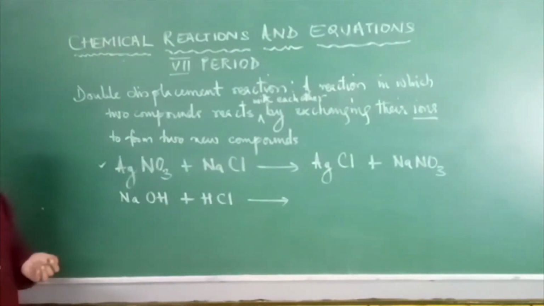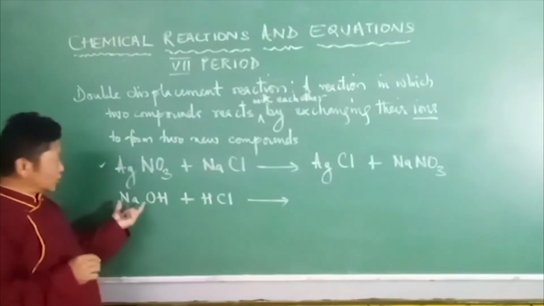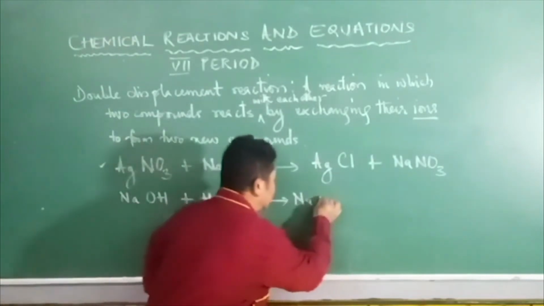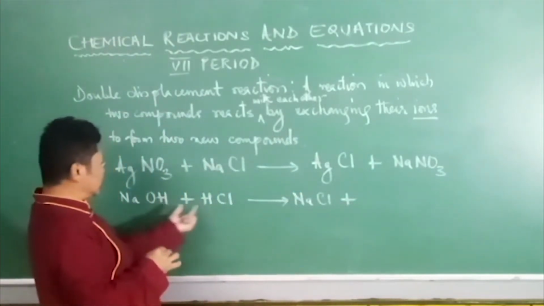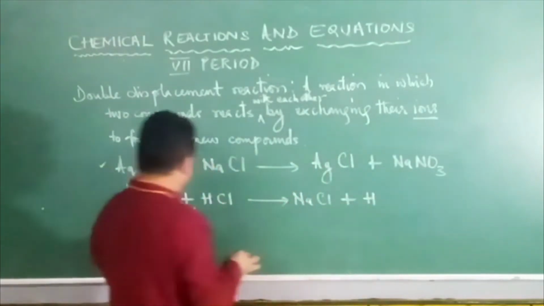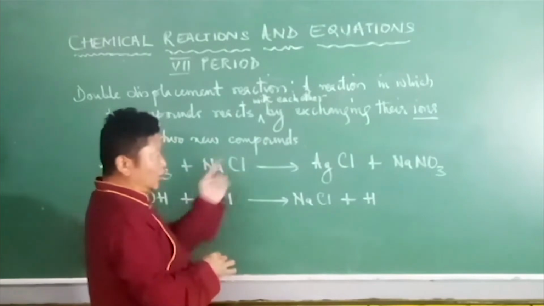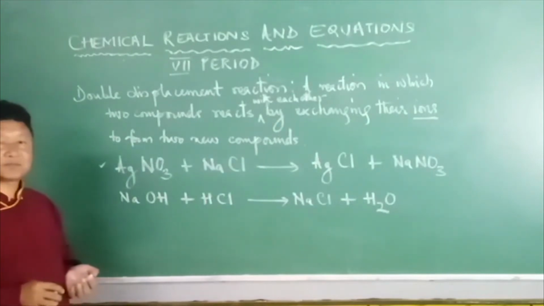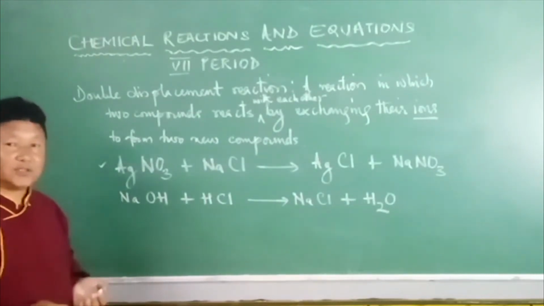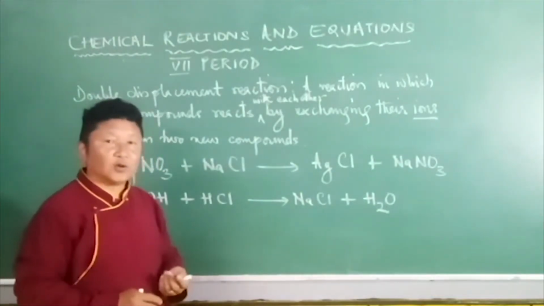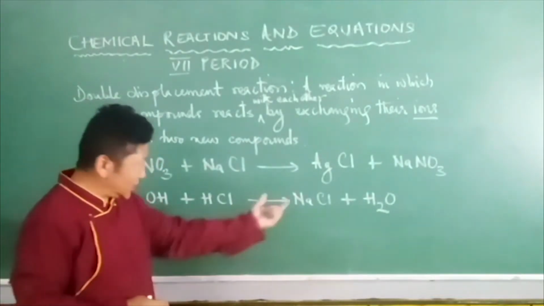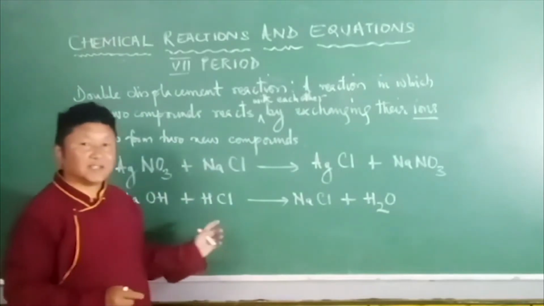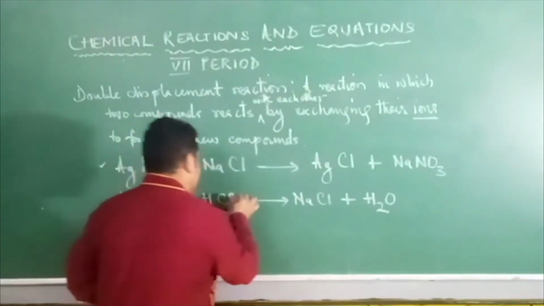Sodium combines with chlorine to give sodium chloride, and hydrogen combines with OH to give H2O. This reaction is called a double displacement reaction as well as a neutralization reaction.